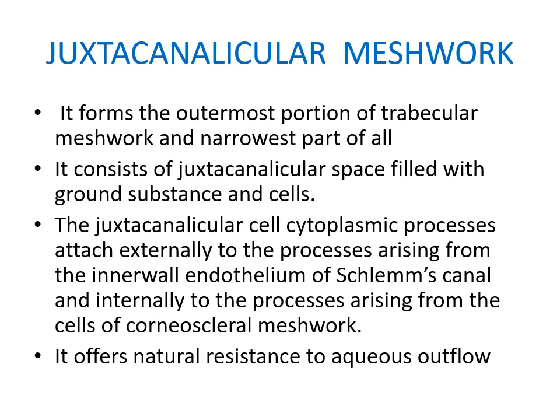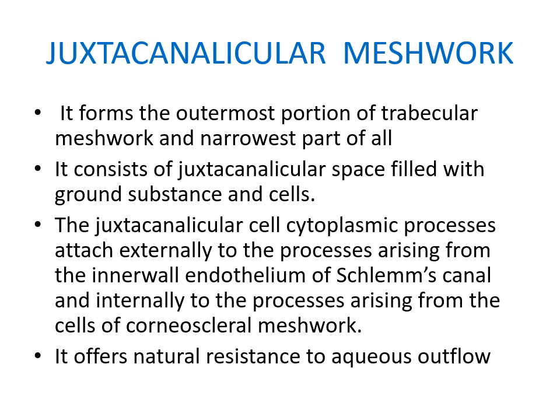Then the juxtacanalicular meshwork. It is the outermost portion of the trabecular meshwork and the narrowest part. It just covers the Schlemm canal. Here the juxtacanalicular cells have cytoplasmic processes. These processes attach externally to the inner wall endothelium of the Schlemm canal, and internally to the corneoscleral meshwork cells.